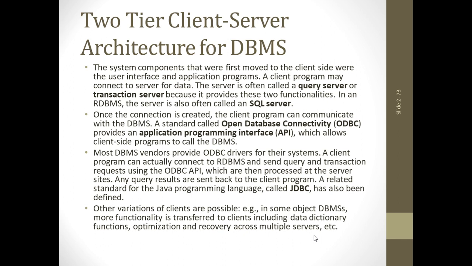This server is also referred to as query server or transaction server, because it gives us the two functionalities, that is, it executes the query and it performs the transaction. In RDBMS, we also call it SQL server, because in RDBMS we run structured query language.